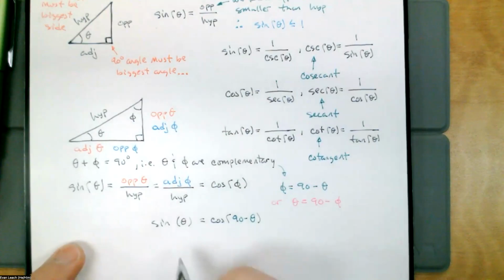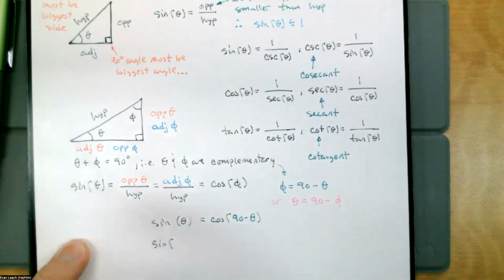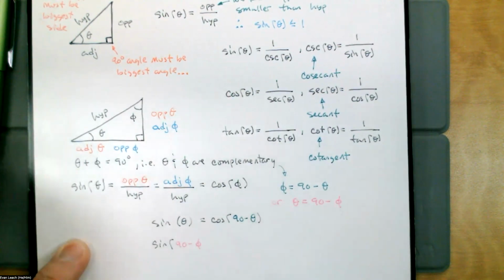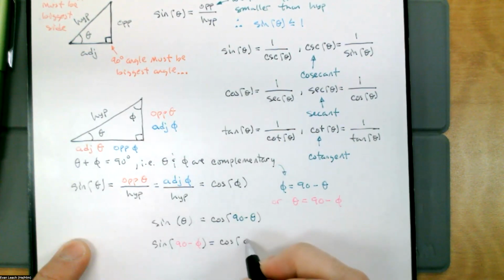So I could say that the sine of 90 minus phi is equal to the cosine of just phi on its own.